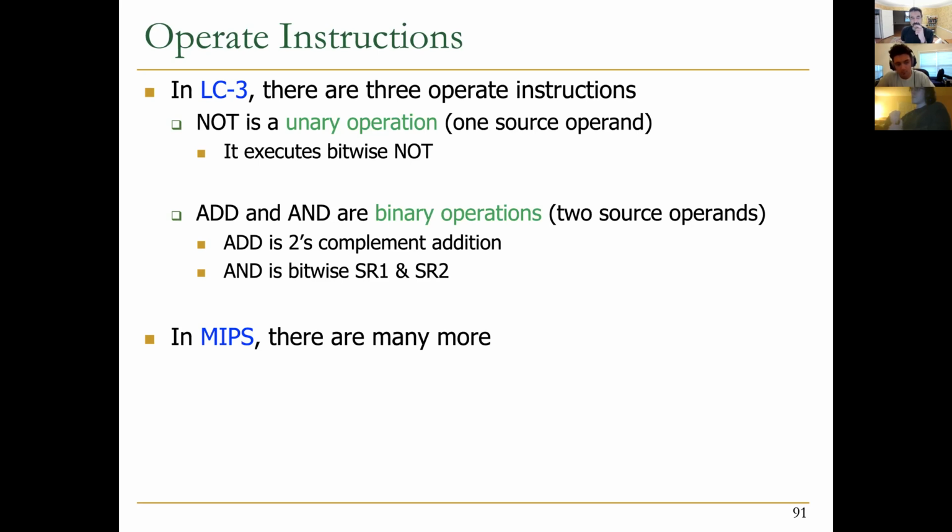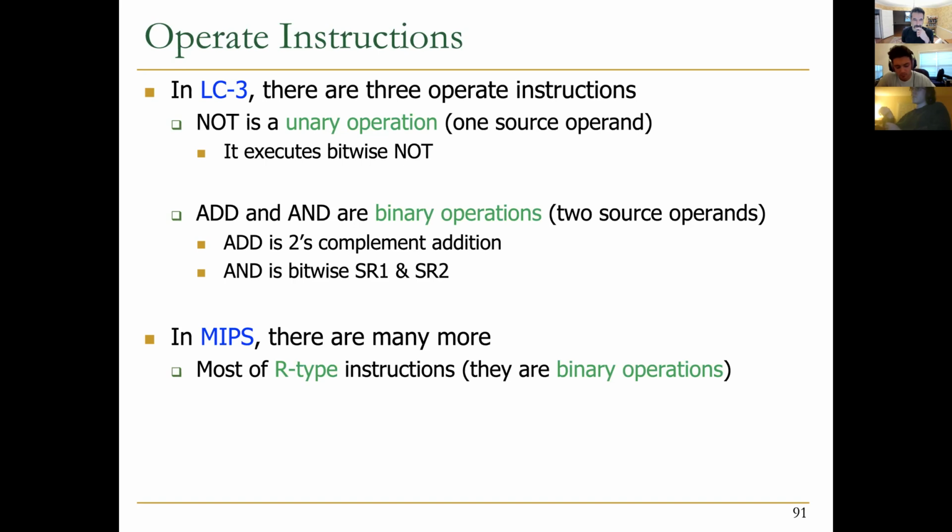In MIPS, there are much more operations, as you know, due to higher complexity of MIPS compared with the LC3. We have R-type, most of which require binary operations, like ADD, AND, NOR, XOR.